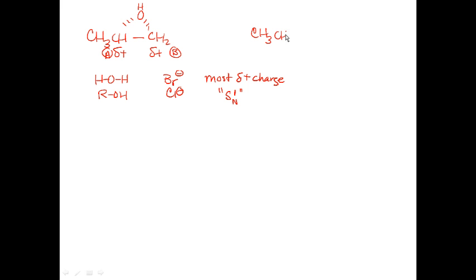So in other words, if I broke this carbon-oxygen bond, I would get this carbocation. That's if I was to look at carbon A. If I was to break this carbon-oxygen bond and write it as a pure carbocation, it would look like this.